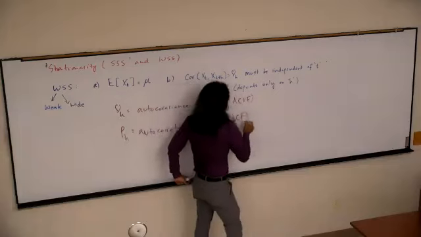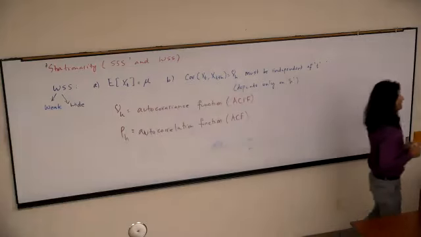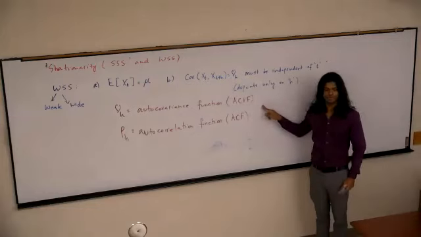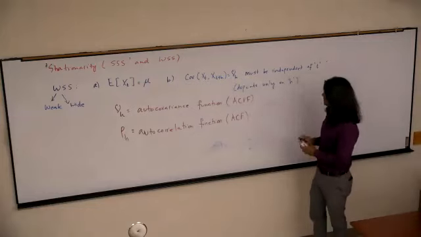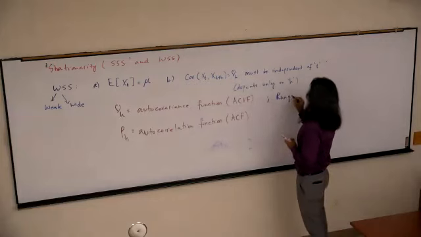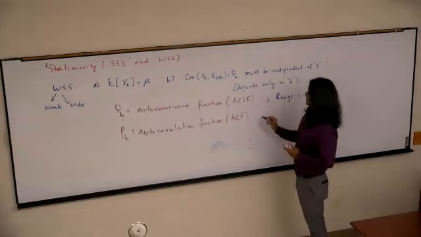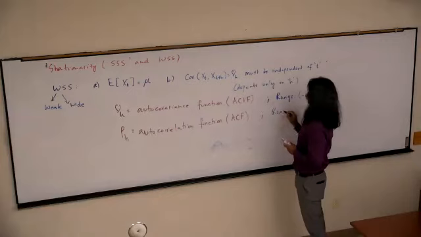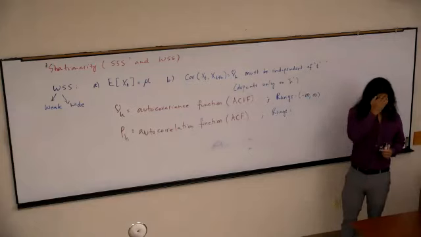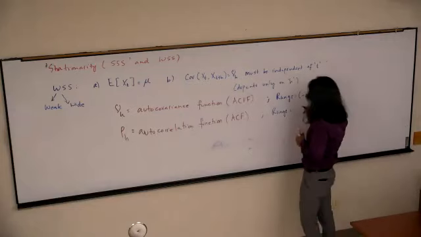Drop the V, we simply have ACF. The range of autocovariance is from negative infinity all the way up to infinity. What about the autocorrelation function? -1 to 1.